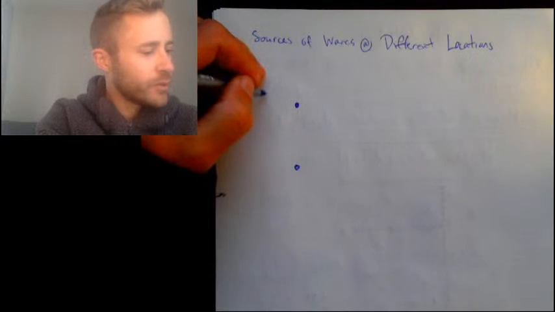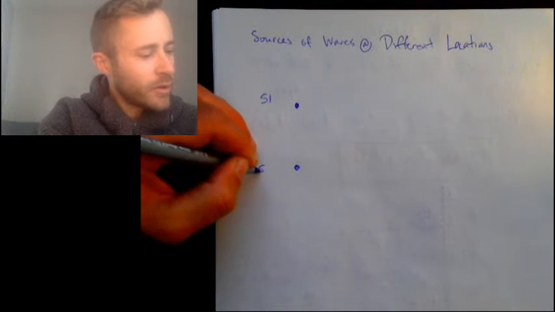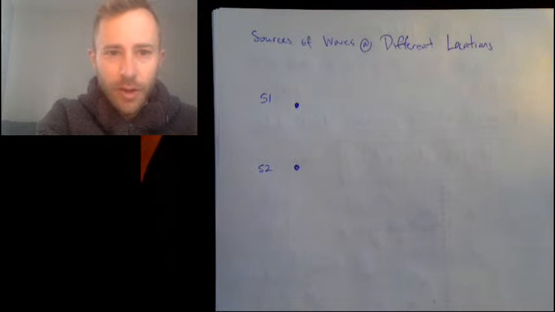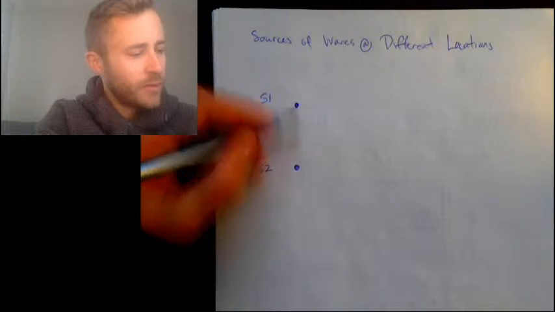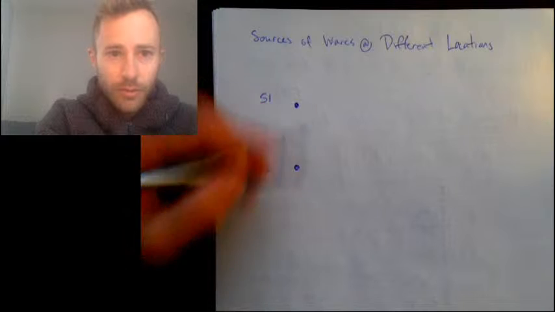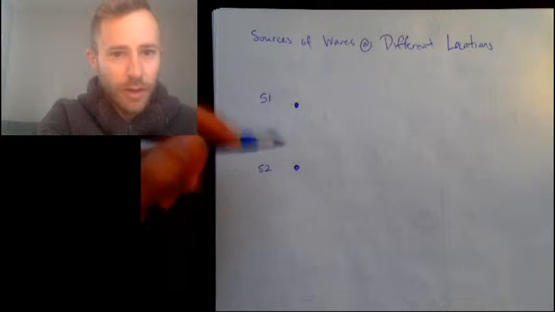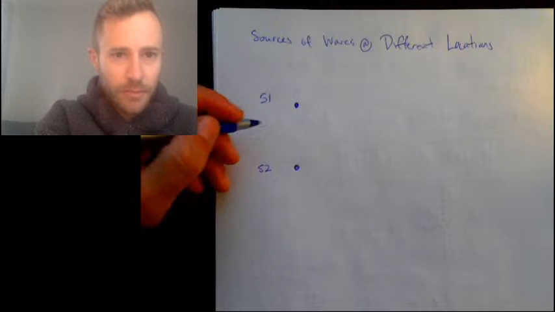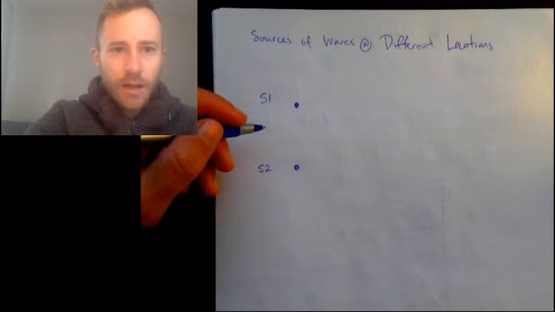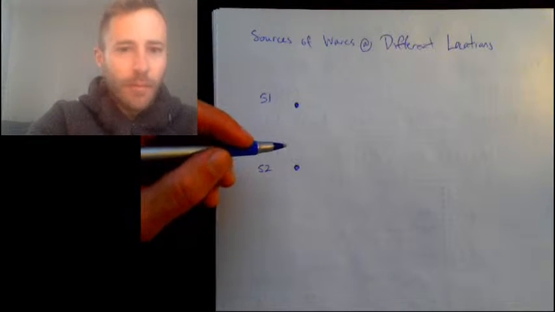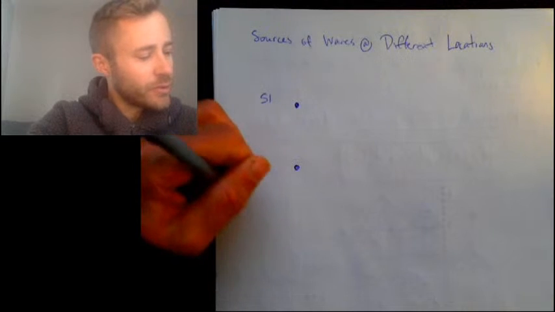So I'll call this source S1, and I'll call this source S2. These two are like two speakers, basically, or two flashlights, or something like that. So these are two sources.